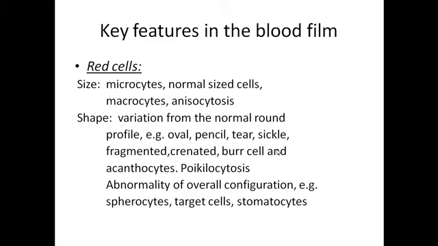And after that, if we perform a blood film, what will be the findings? In case of microcytic hypochromic anemia, microcytes; in other morphological types, normal-sized blood cells, macrocytes, anisocytosis, shape variation from the normal round.